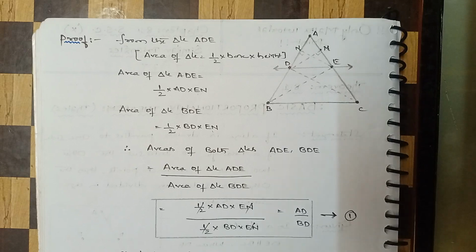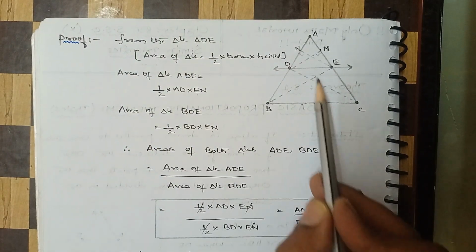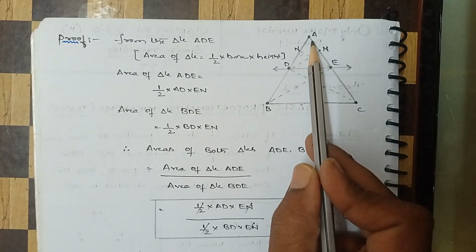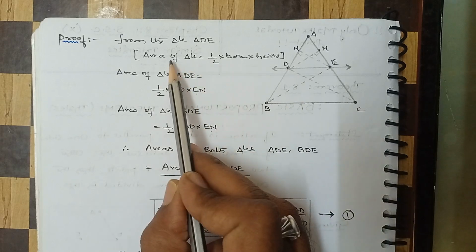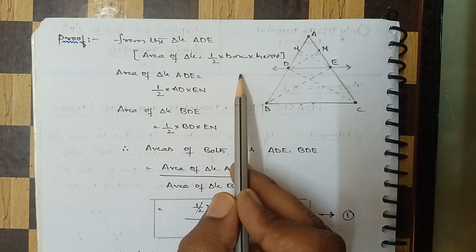Now from the triangle ADE, the top triangle, we know the area of a triangle formula: area of a triangle equals half into base into height.